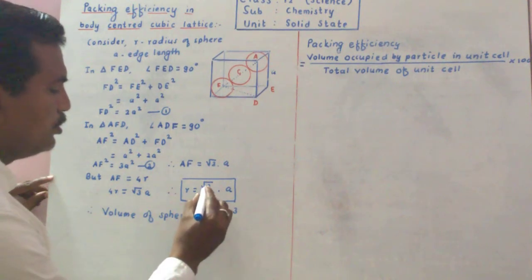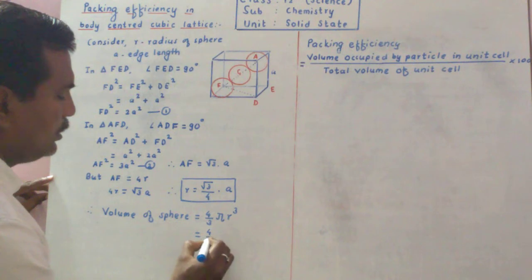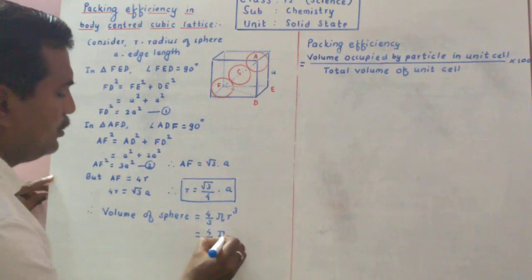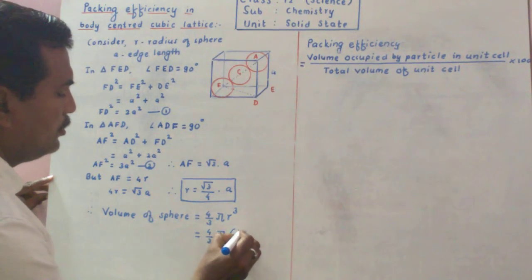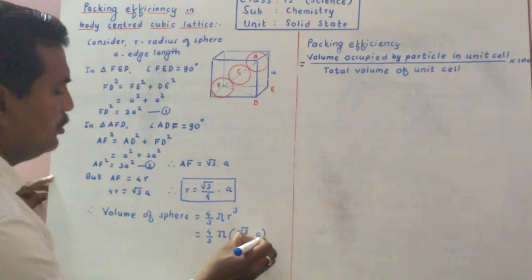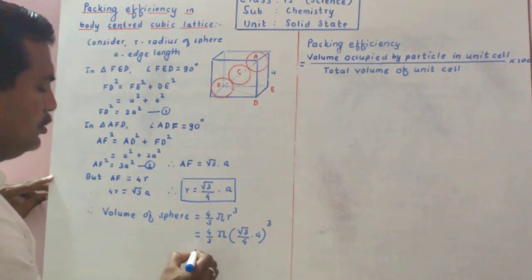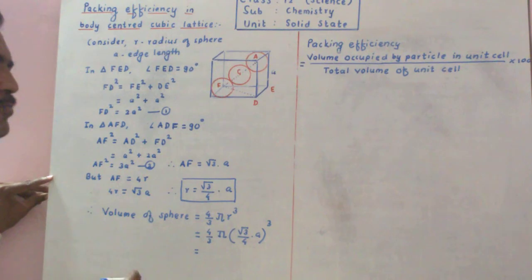So R is root 3 upon 4 into a. So 4 by 3 pi in brackets root 3 upon 4 into a, brackets cube.